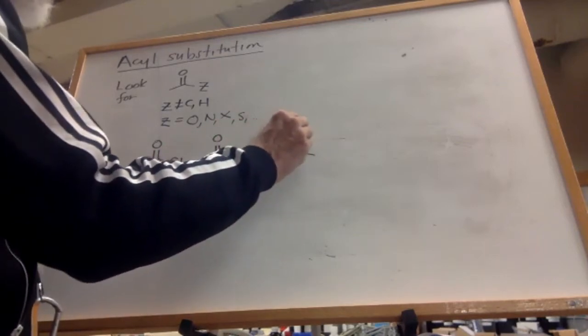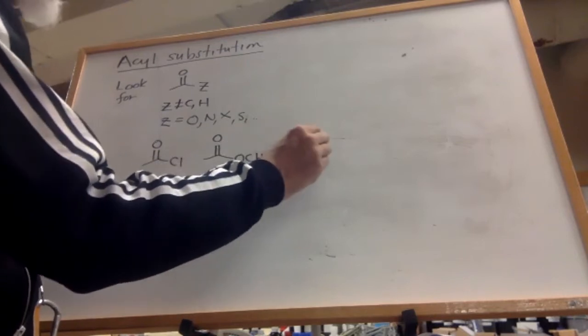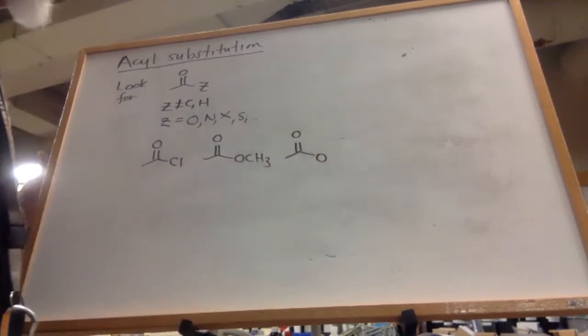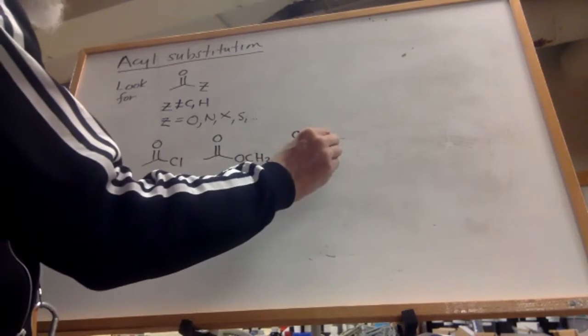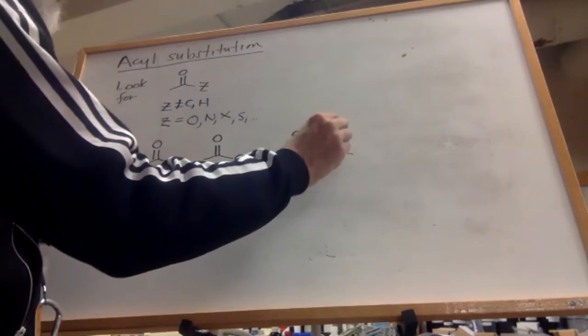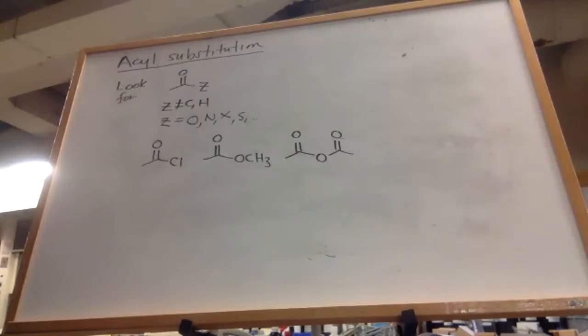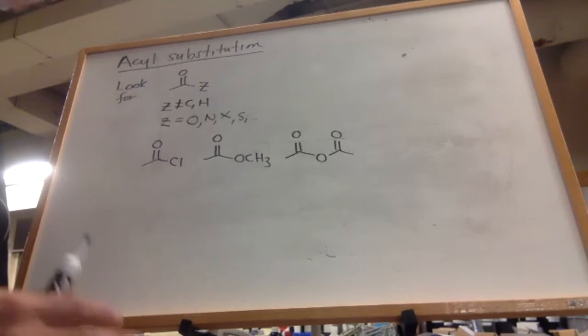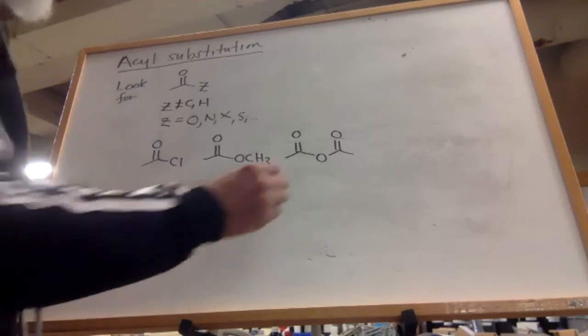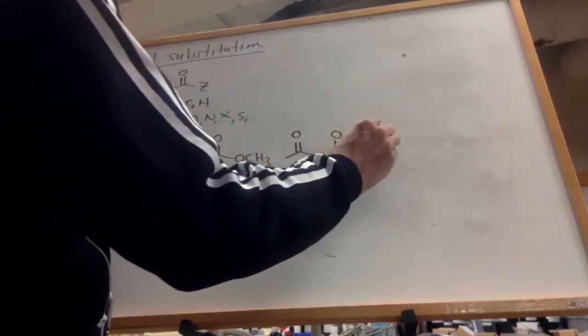All right, what about a carbonyl carbon where the carbonyl carbon is bonded to oxygen? We get a molecule such as this. Well, that would undergo acyl substitution because I see a carbonyl carbon that's bonded to something that's not carbon and not hydrogen. That's called an anhydride.